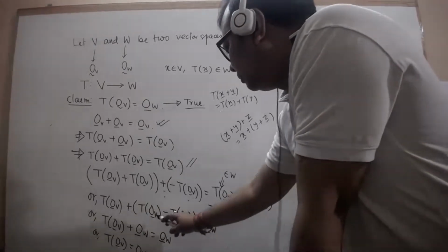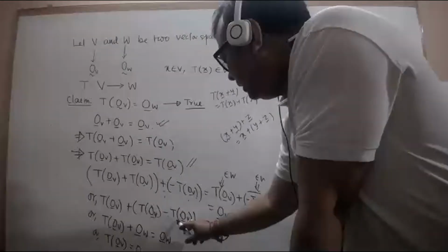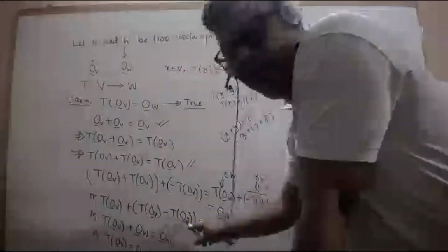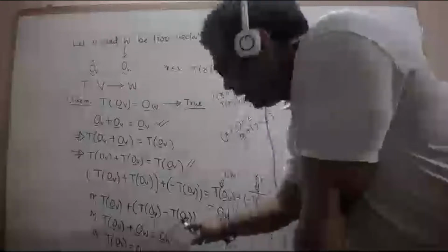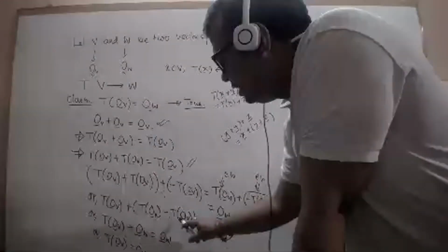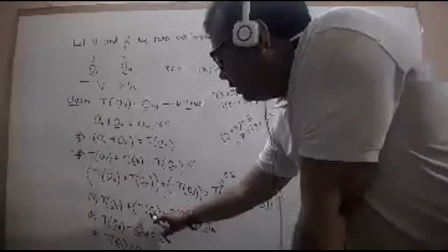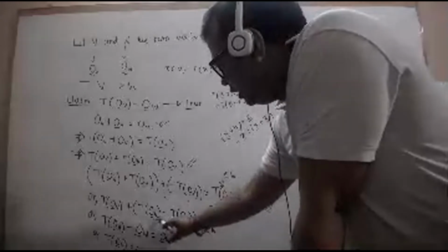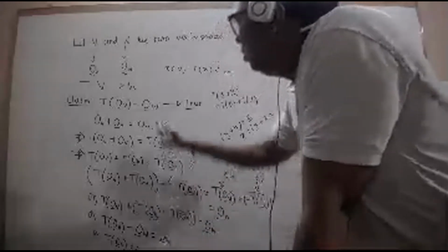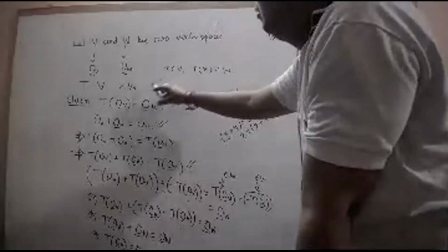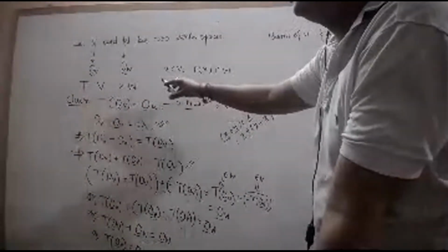Then minus T(O_V) is the additive inverse element of T(O_V), and these two vectors belong to W. Why? Because T is a linear transformation.